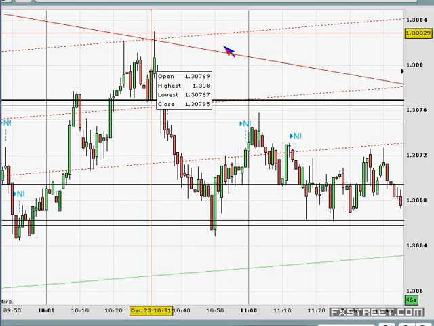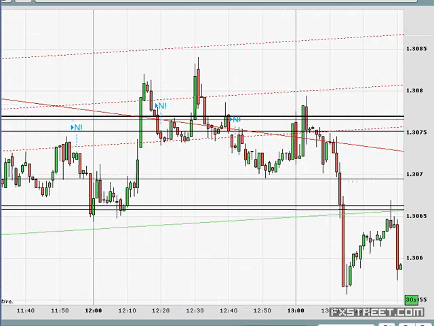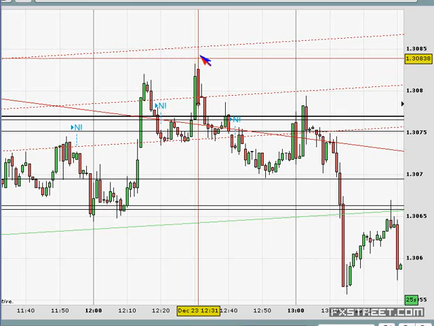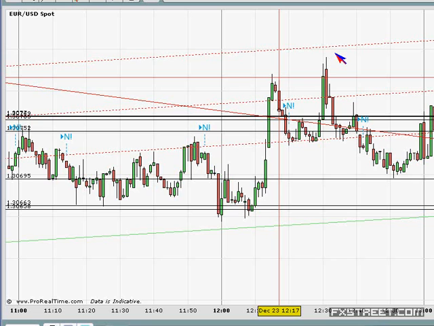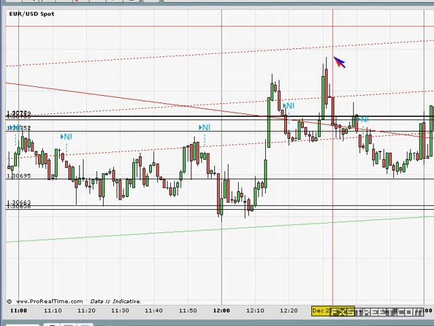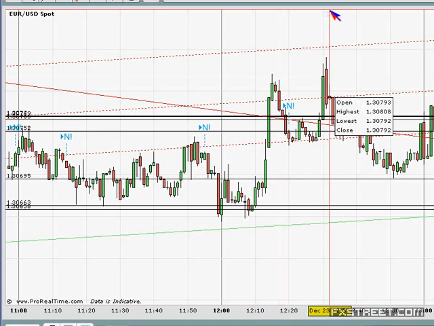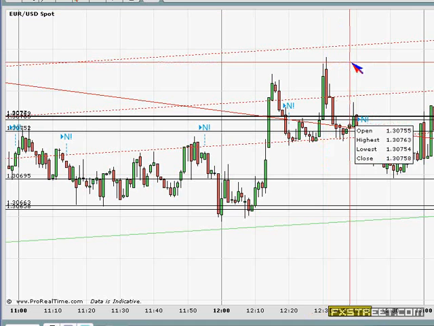This is where I booked the profit afterwards, because they did not go beyond the recent high, 1.3095. 1.3095 was the recent high during the European session. They did not go above that. So 1.3095 is somewhere here. So when they had not gone above, I closed it with a nominal profit.